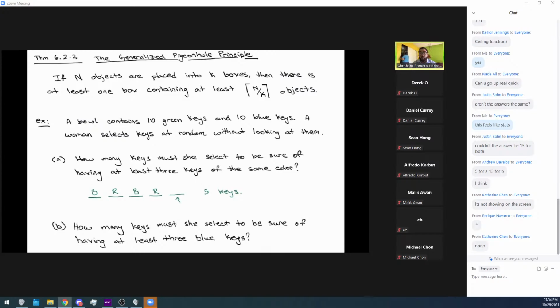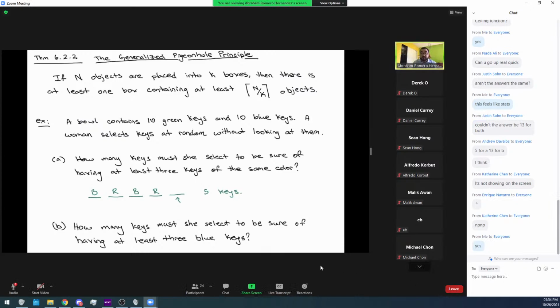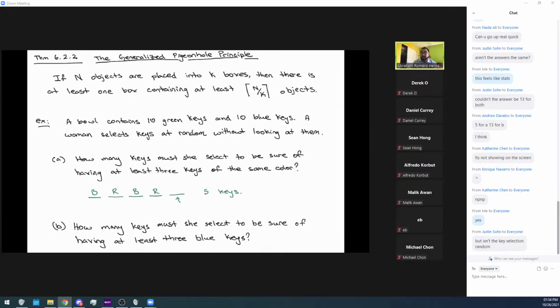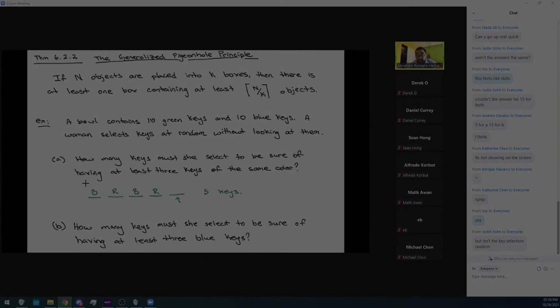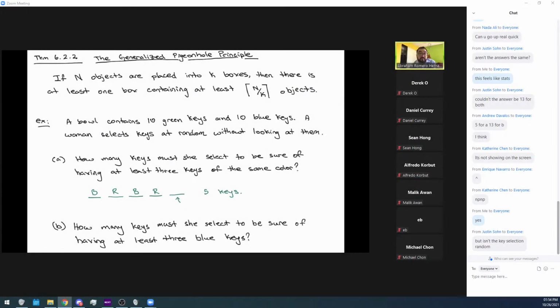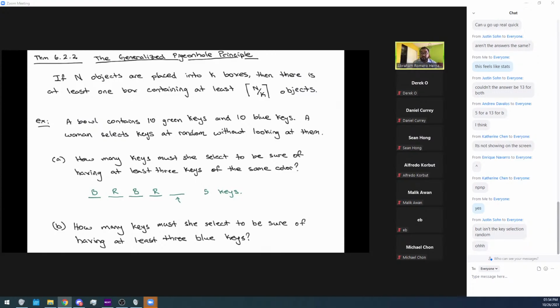So that's what it means to be sure of at least 3 keys of the same color. But isn't the key selection random? It is random. So I'm randomly saying that the first one and the second one are of different color. Same thing with the third one and the 4th one. Even picking at random, the first 3 being the same color is a possibility, yes.